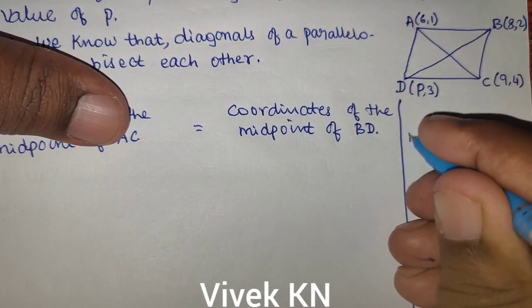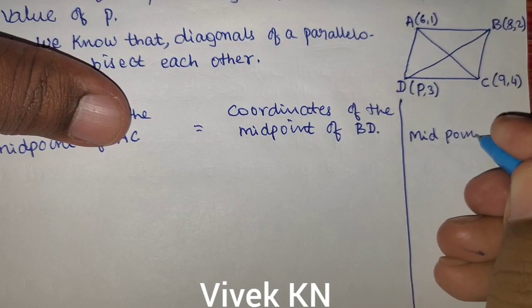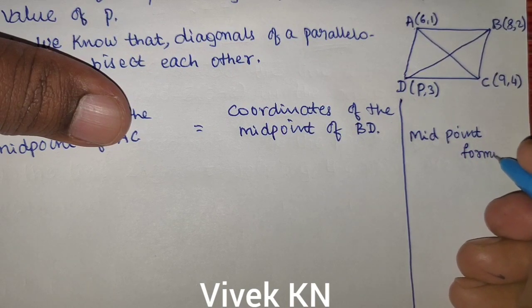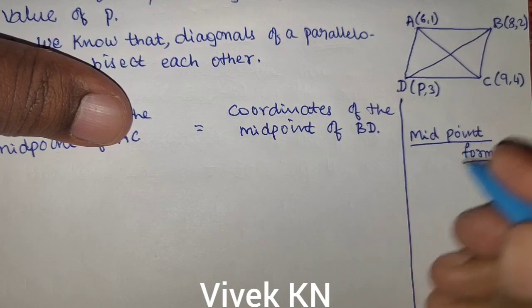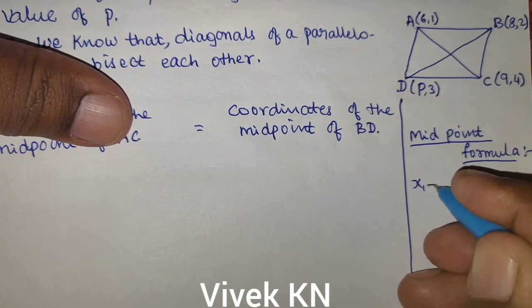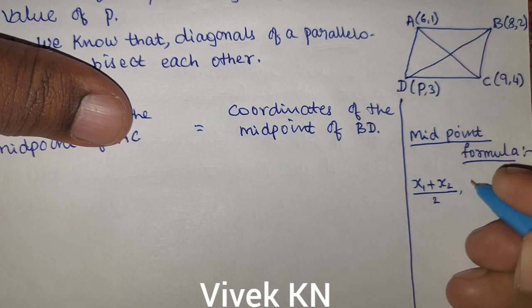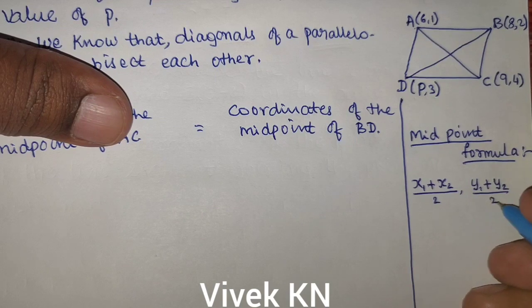Midpoint formula is given by x1 plus x2 divided by 2, y1 plus y2 divided by 2.